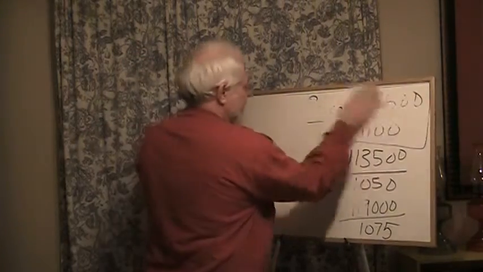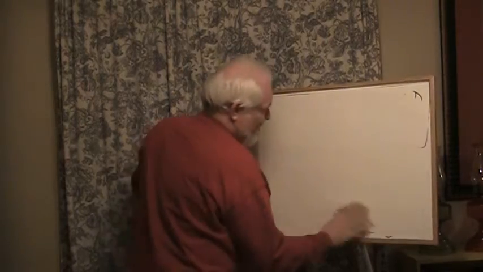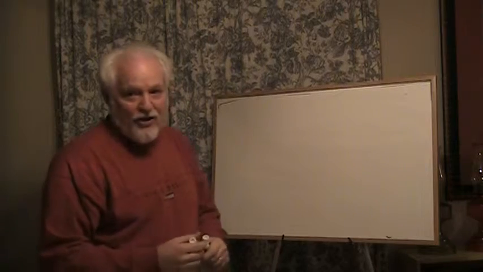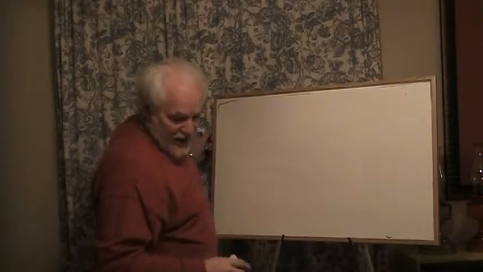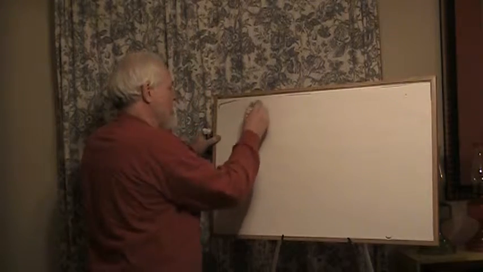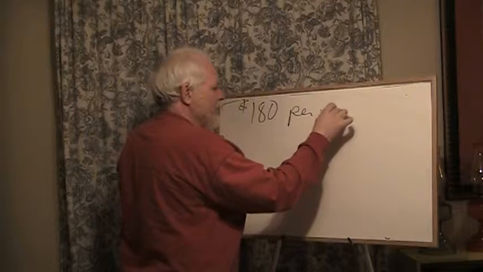So now, typically, usually, most of the time, just about always, I hope it tells you in the question, HOA dues are paid in advance. So let's say our HOA dues are $180 per month.